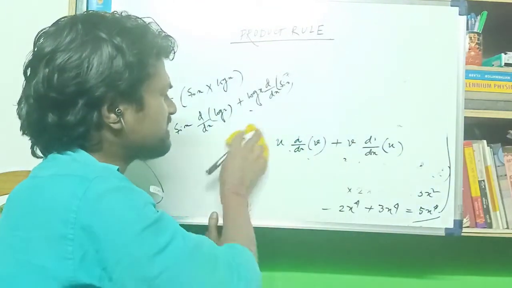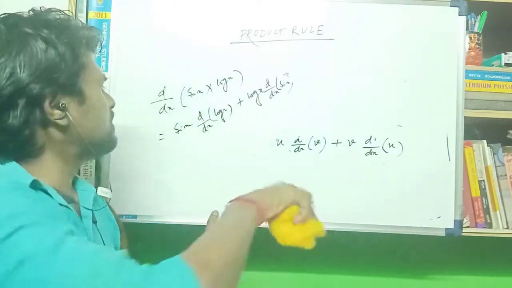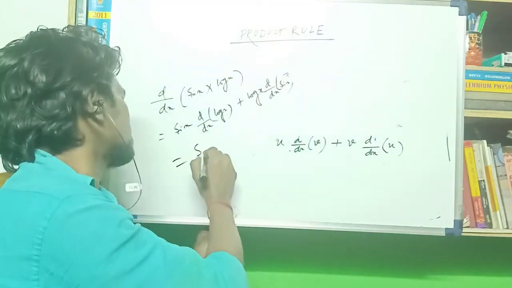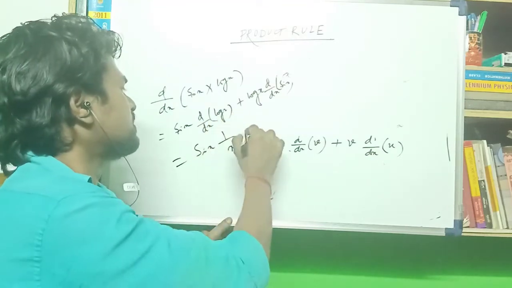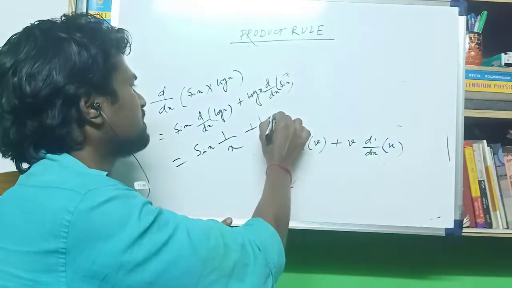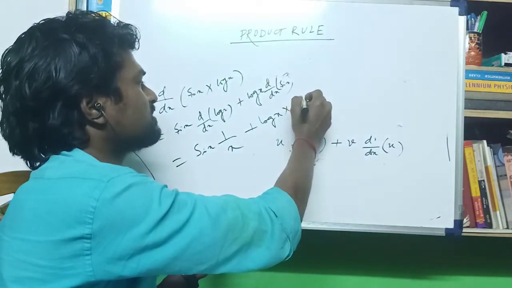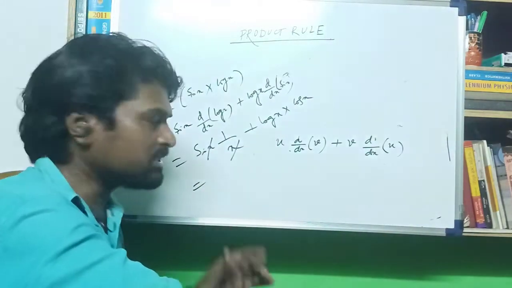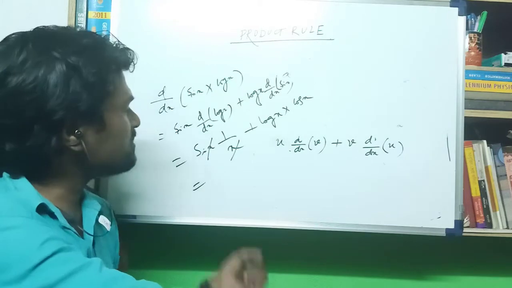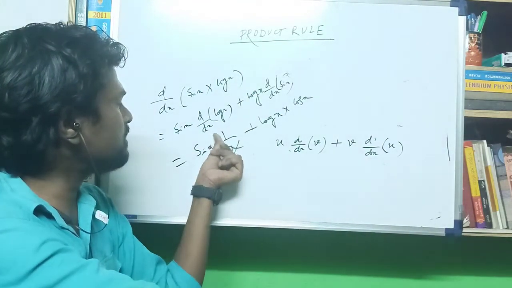So here the formula is given: u d/dx of v plus v d/dx of u. So sin x into d/dx of log x means 1 by x, plus log x into d/dx of sin x, that means cos x. So does the x cancel? Is it possible? No, because this is an algebraic function and this is a trigonometric function, so it is not possible.